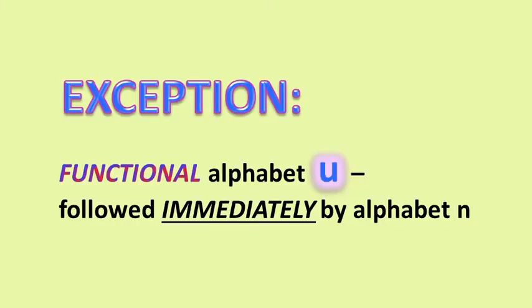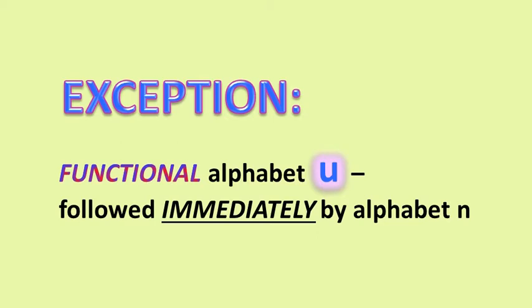Let's start with the topic of pronouncing the written alphabet U, which is functional alphabet U. So, we will skip any pinyin starting with JU, QU, XU, or YU. Actually, in general, the pronunciation of written alphabet U, which is functional alphabet U, is very straightforward.